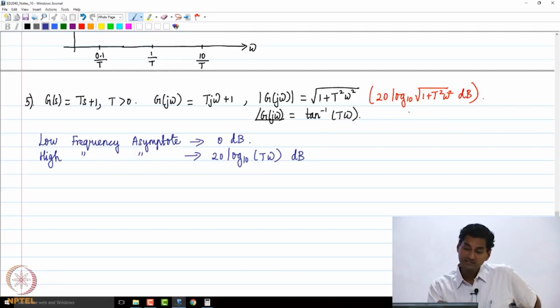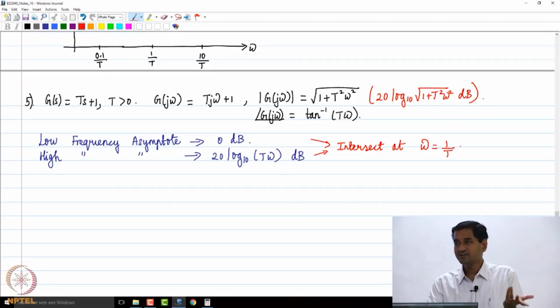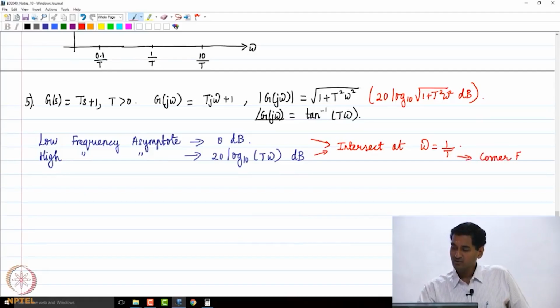Now, where do they intersect? They intersect at omega equals 1 by capital T. So omega equals 1 by capital T remains the corner frequency, no change in that. Now, what is the slope of the high frequency asymptote?